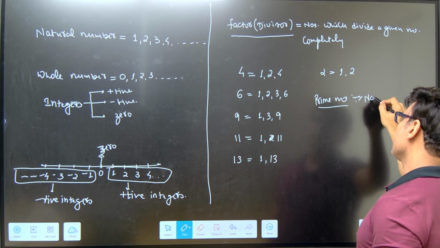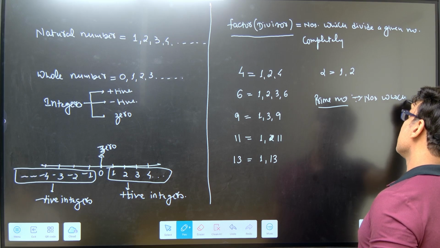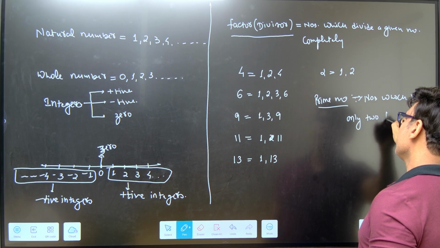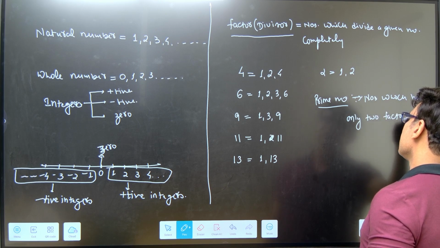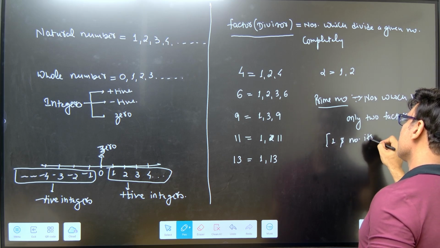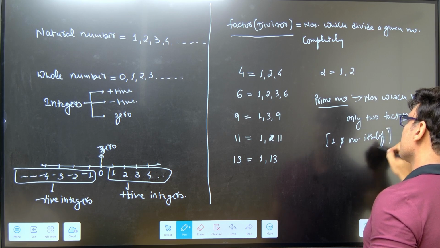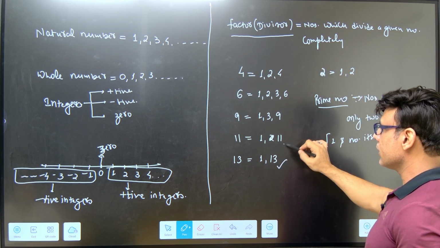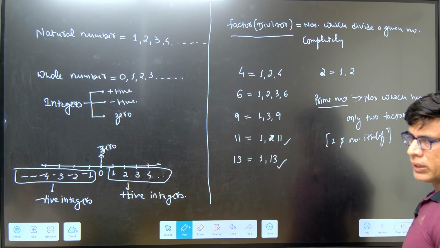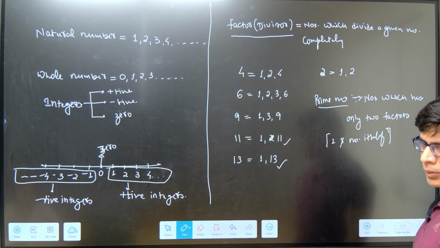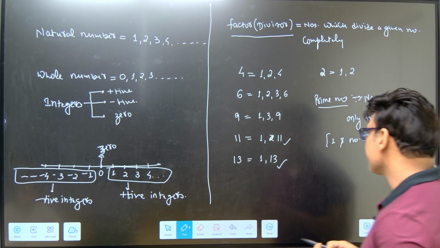Simply numbers which have only two factors: 1 and the number itself. 2 has factors 1 and 2, 13 has 1 and 13, 11 has 1 and 11. So all these numbers are prime numbers. But 9 is not a prime number, 4 is not a prime number, 6 is not a prime number.